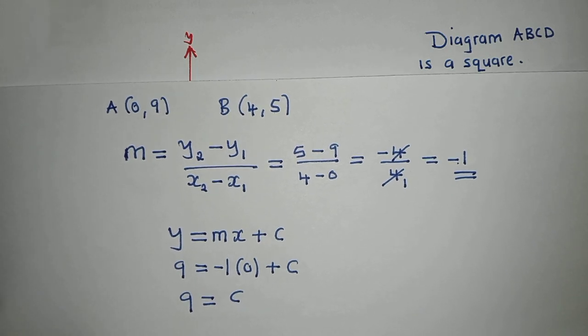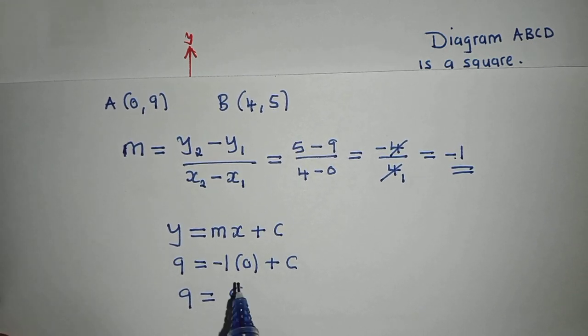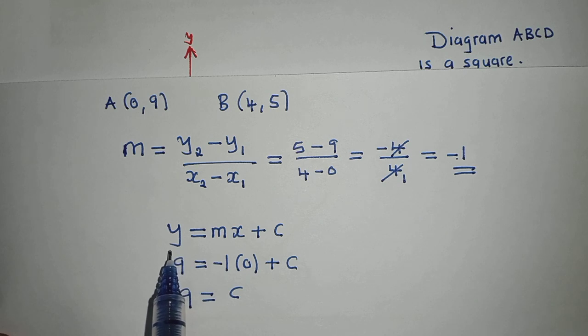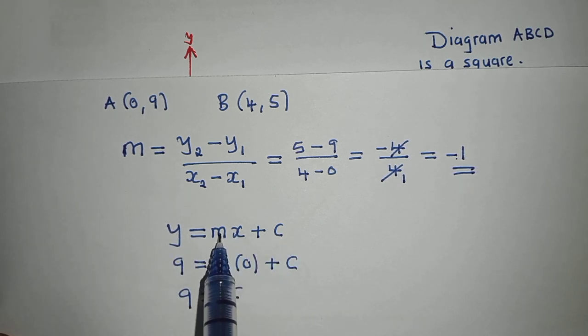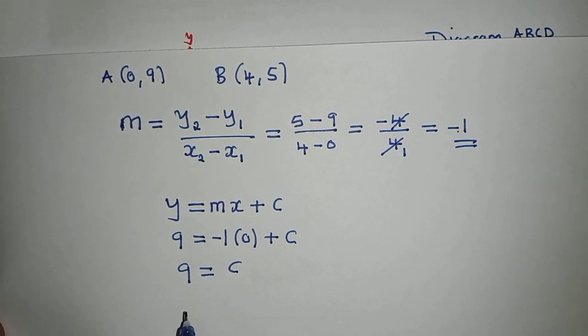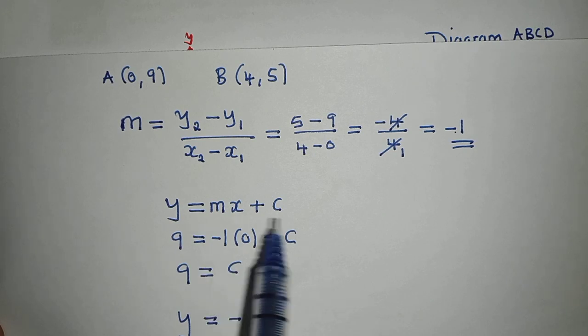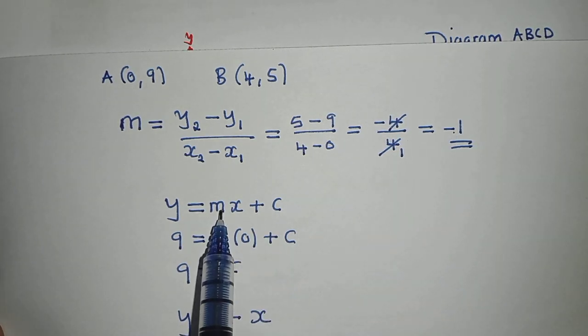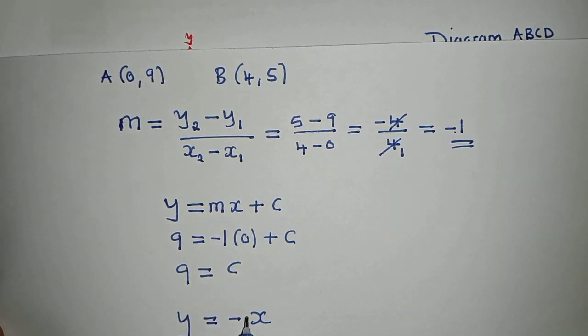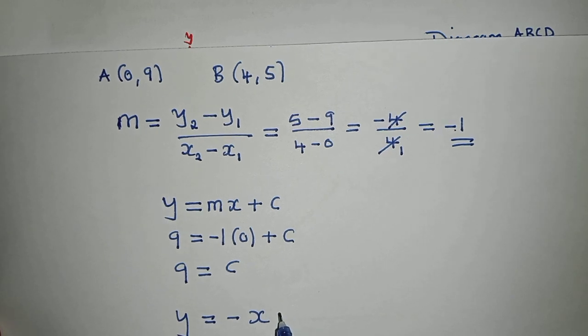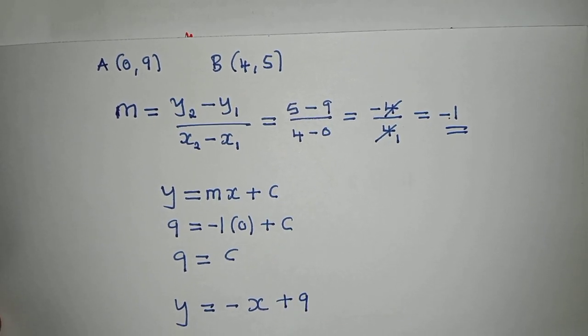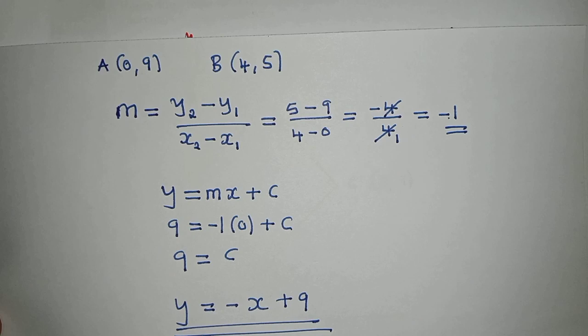After solving for c, we plug the values of c and m back in. So we have y equal to negative 1 times x plus 9, which is y = -x + 9. So this is the equation.